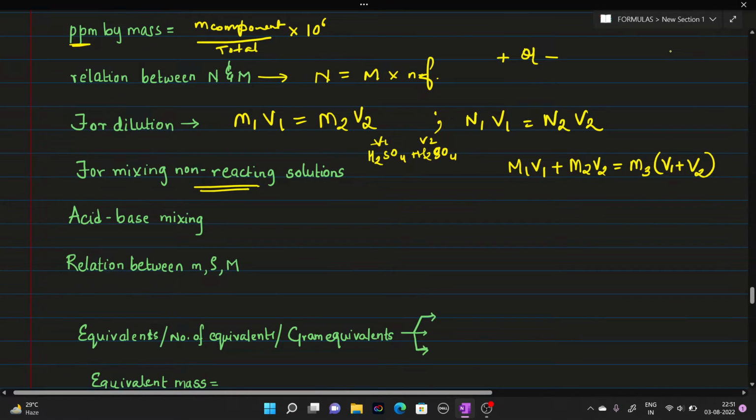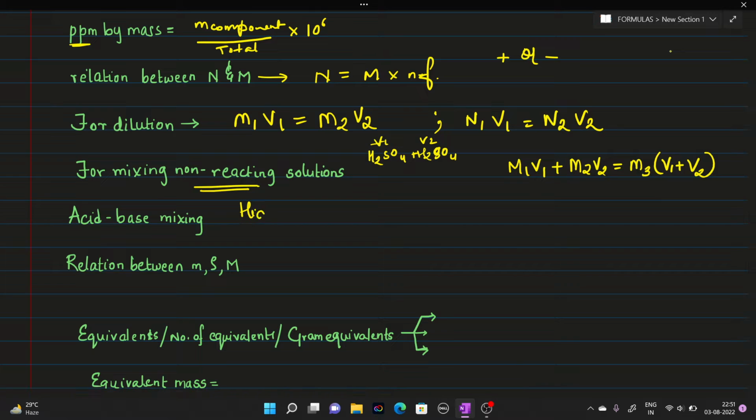Next is acid base mixing. Here the formula is higher equivalent minus lower equivalent equals final normality multiplied by final volume. The term equivalence would be explained just over here.